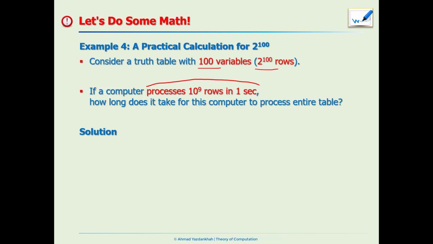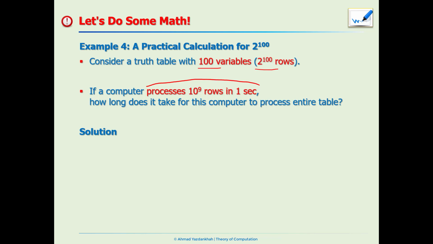Now, if I ask you, how long does it take if this very powerful computer wants to process all of these 2 to the 100 rows, what would you say? You can pause the video and try to think about that.